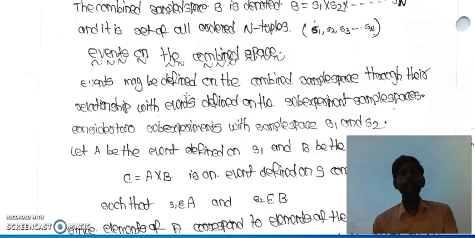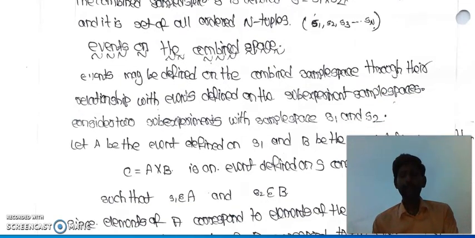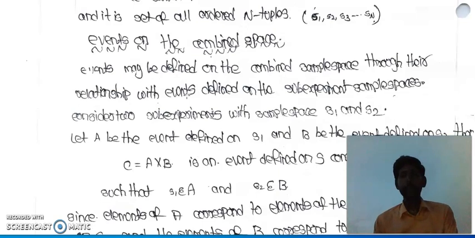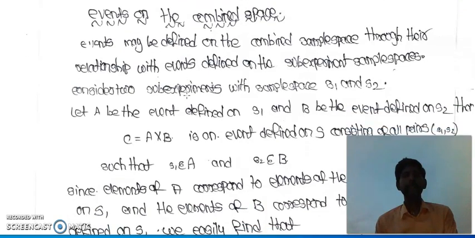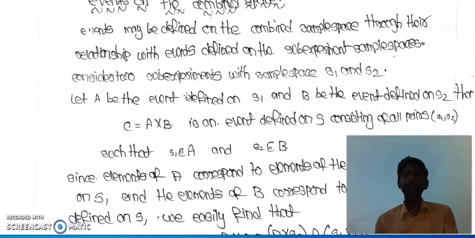The second topic: events on the combined sample space. Let A be an event defined on sub-sample space S1, and B be an event defined on sub-sample space S2.